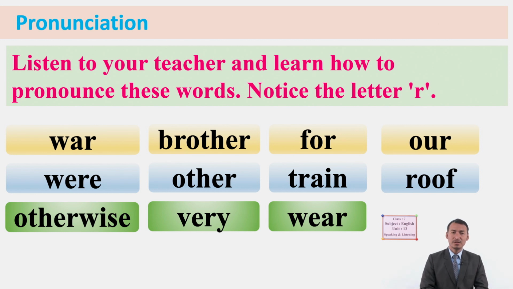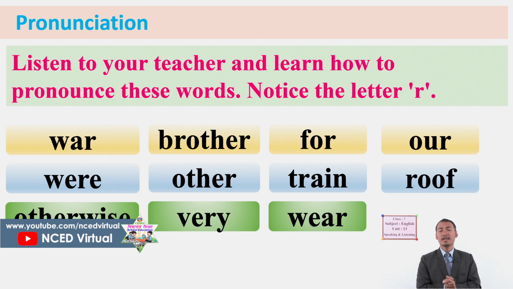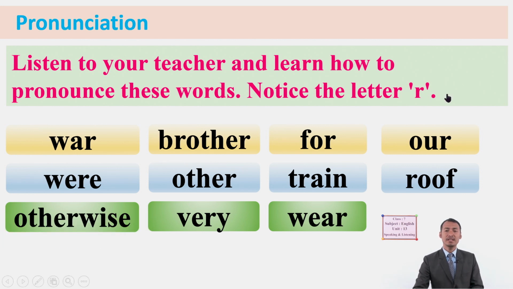Students, when we have the letter R, we have the R sound in the words. But generally when we have the letter R at the end of the word, the R sound is not pronounced clearly.